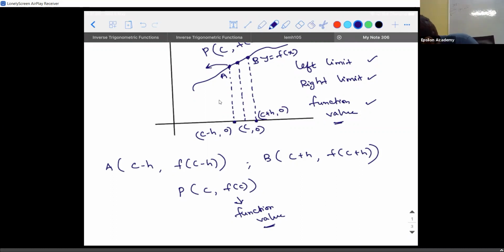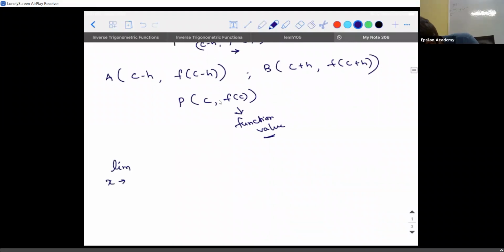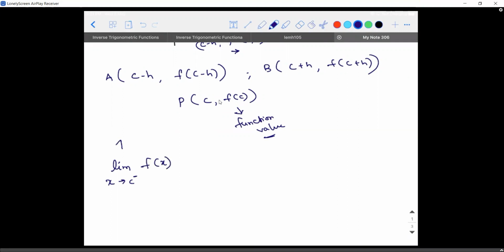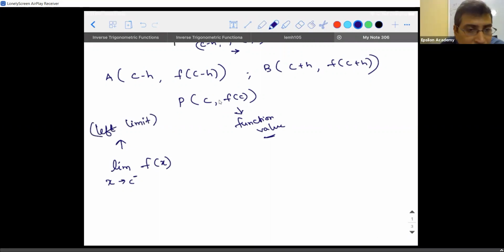That is from the point c minus h, you are approaching towards the point c. Then can I write something like this? Limit x tends to c with a minus on the top of f of x. Why is that c with a minus on the top? It means I am coming to c from the left hand side. So this is what is called the left limit of function at point c.